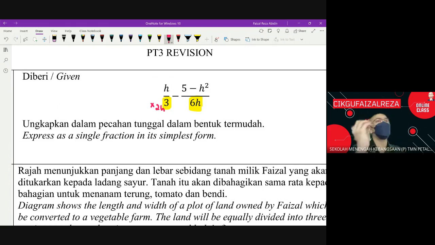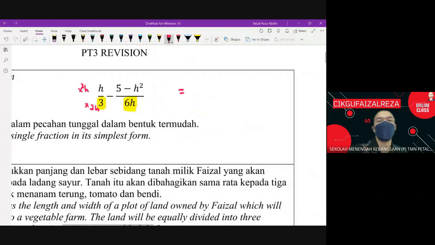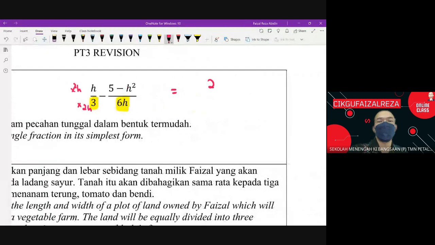So if we are going to make it also have h there, it's going to be times 2h. So up here also the same, times 2h. So over here you are going to have 2h squared, because h times h is h squared. Then over here we have negative 5.